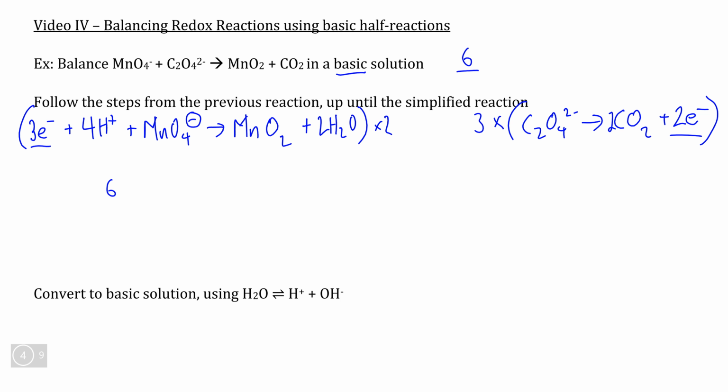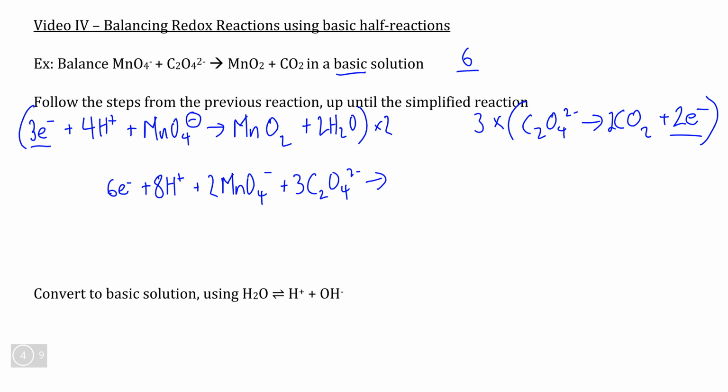2 times 3 means that we're going to have 6 electrons on both sides. 2 times 4 is 8 H plus, and 2 of the permanganate ion. And now if we go to our second half reaction, we're going to add that to 3 of the oxalate polyatomic ion.